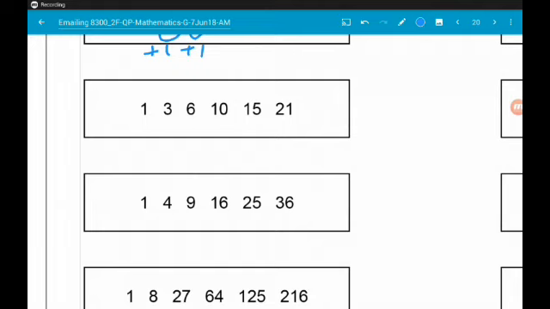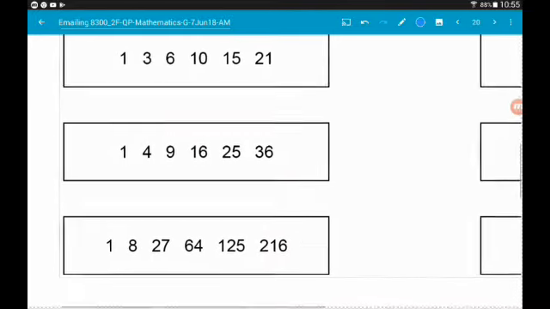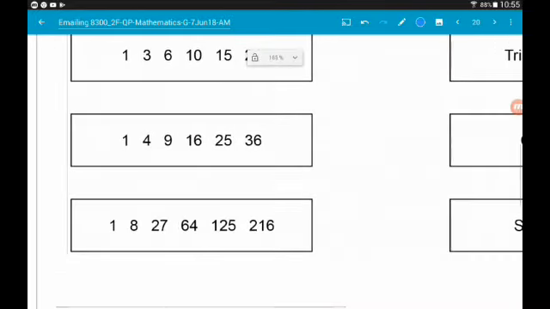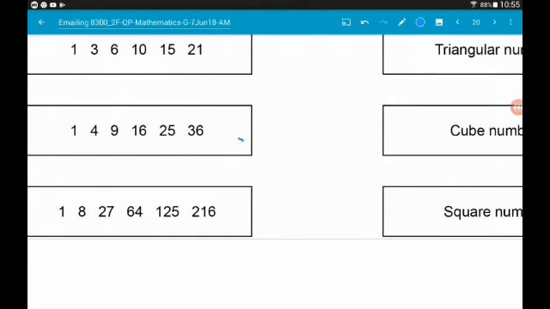Okay, now the next one down may not look familiar to us, so in that instance, move on, and I hope that we can use the process of elimination. Hopefully the next one looks familiar, 1, 4, 9, 16, 25, 36, and they are our square numbers.